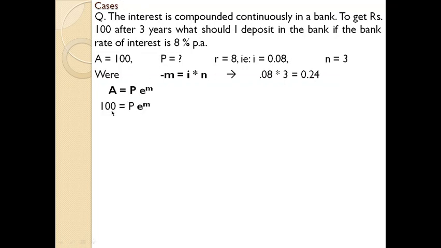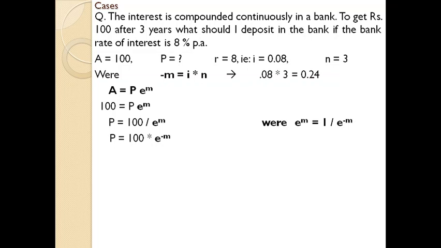Here the value is A equal to 100 and P into e raised to m, so P equal to 100 divided by e raised to m. And we all know how to find the value of e raised to m: e raised to m equal to 1 divided by e raised to minus m. So P equal to 100 divided by 1 divided by e raised to minus m, which can be written as 100 into e raised to minus m.